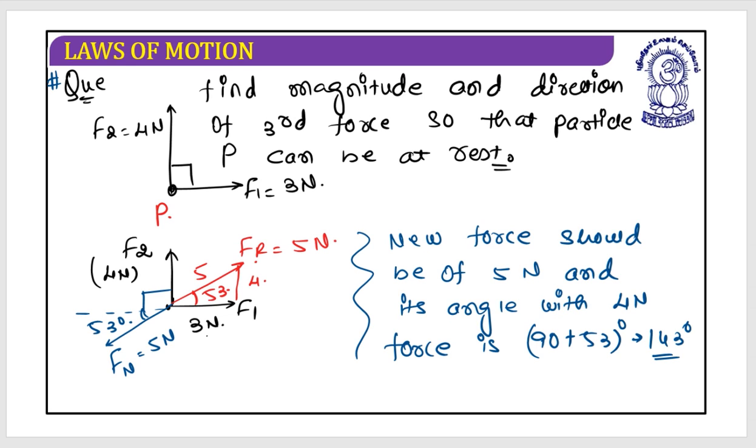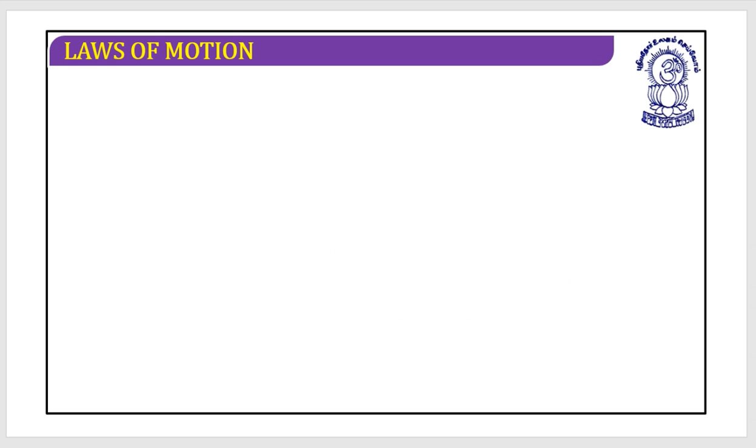So these are the approaches to find out the equilibrium system. One more approach that we discussed when we were discussing vectors, and at that time, if you remember, at the very last we discussed Lami's theorem. What does it say?